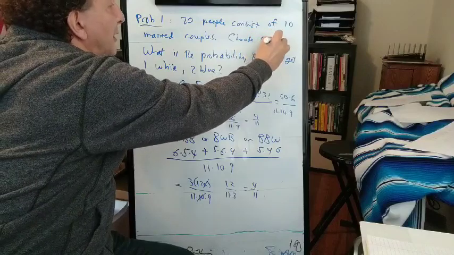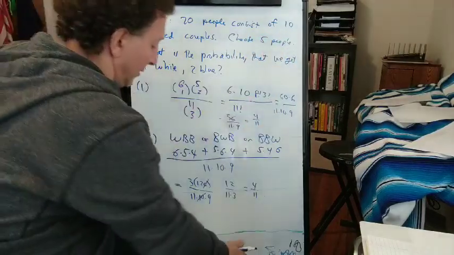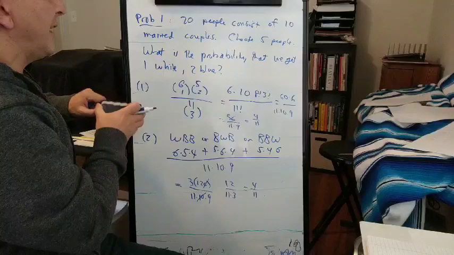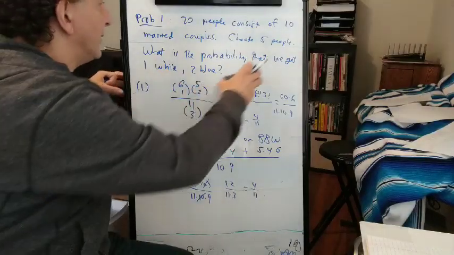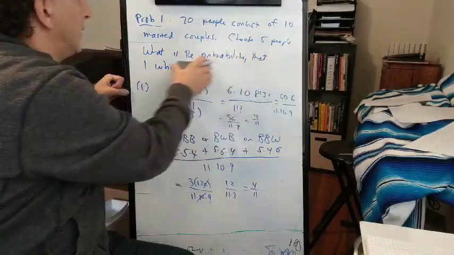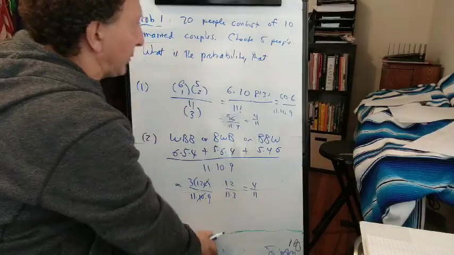Let's choose 5 people out of the 20. And then ask, what's the probability that none of these 5 people are married to each other?